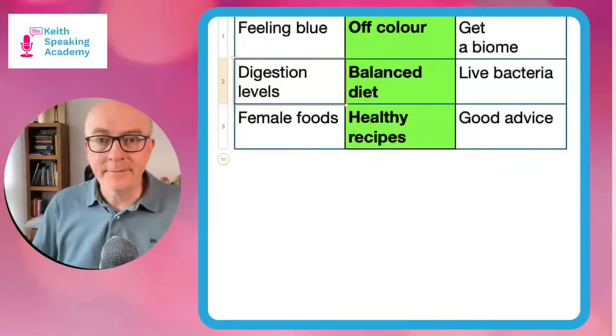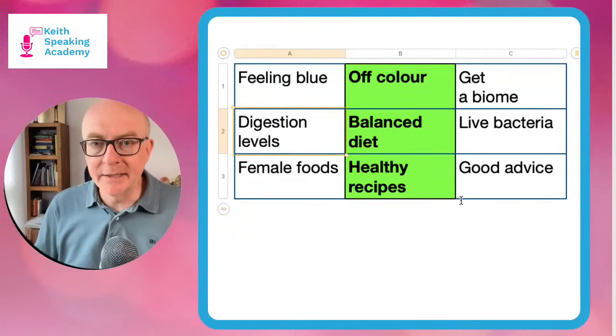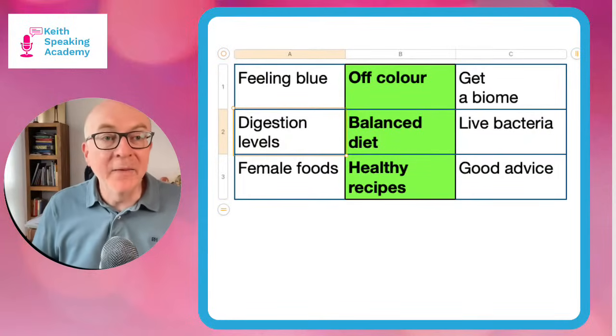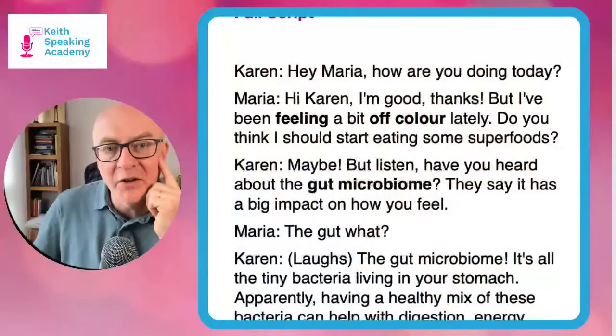What we're doing really in the bingo is picking out keywords like balanced diet, healthy recipes. That's a skill you want to develop when there's background noise. It really helps, okay? So let's do it. Let's listen with the background noise, and you can read it and follow it at the same time.